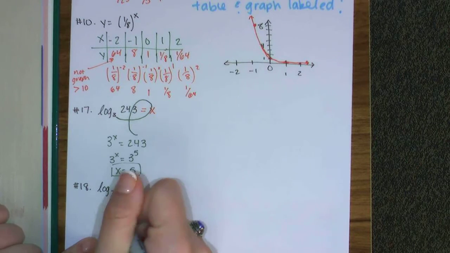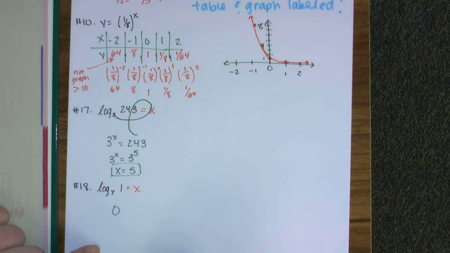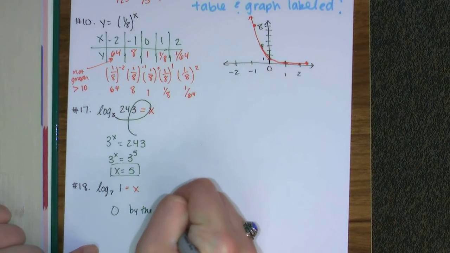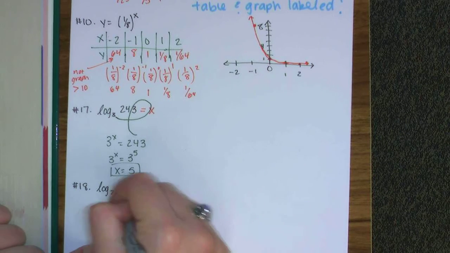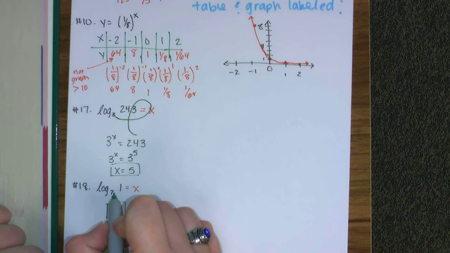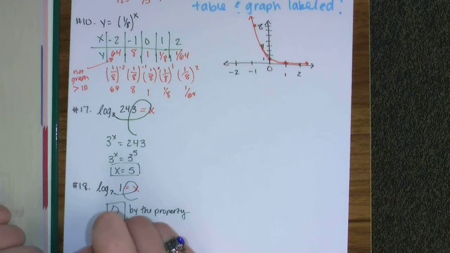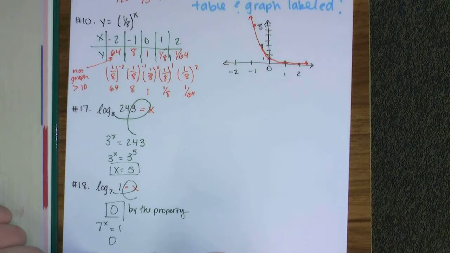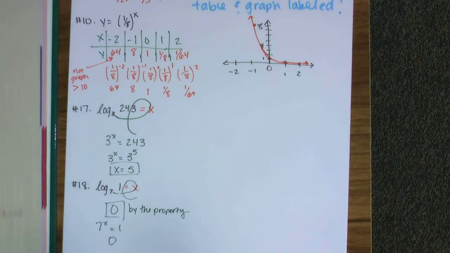This is just equal to 0. That's a property. But if you didn't know that, you could do 7 to the x is equal to 1 and think, 7 raised to what power gives me 1? And that would be 0. So that's another way, in case you don't remember the property, that you can check it.